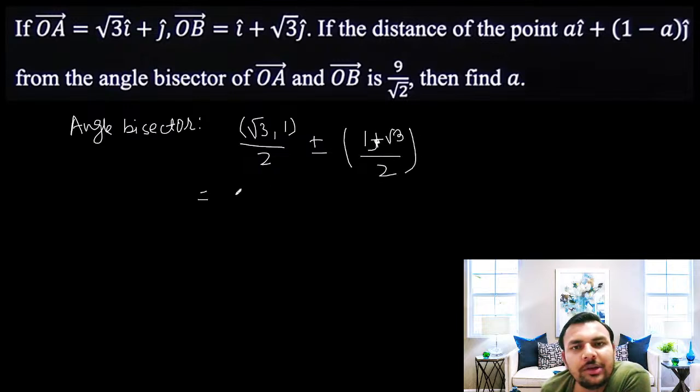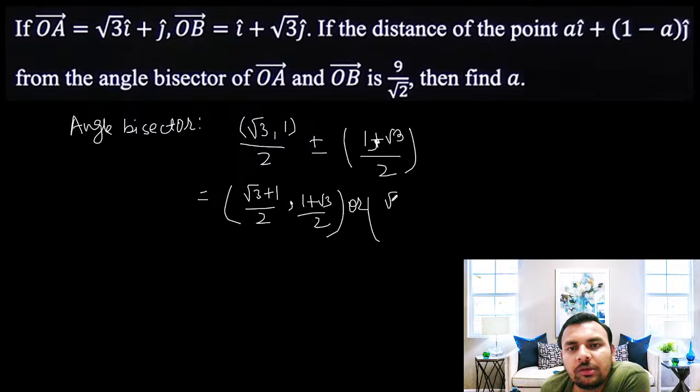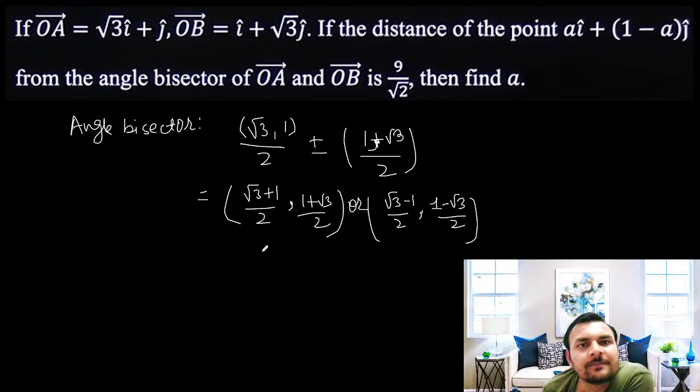So if it is plus, it is root 3 plus 1 by 2, and this is 1 plus root 3 by 2, or if it is minus, root 3 minus 1 by 2, 1 minus root 3 by 2. Okay.